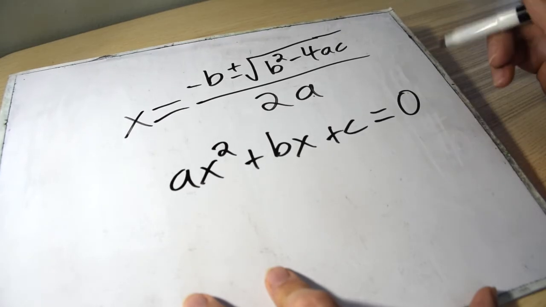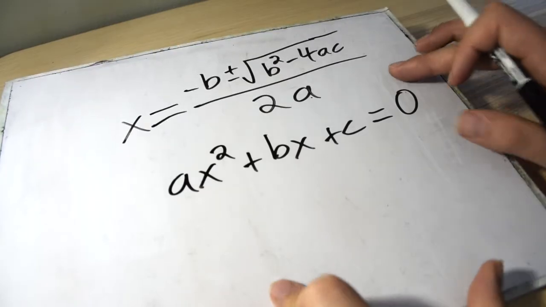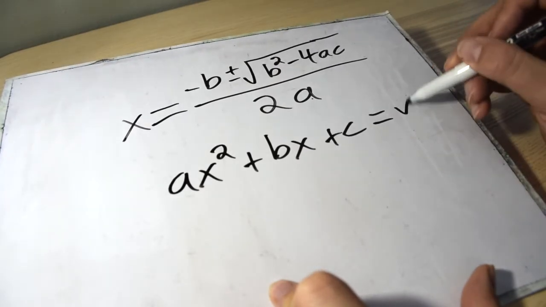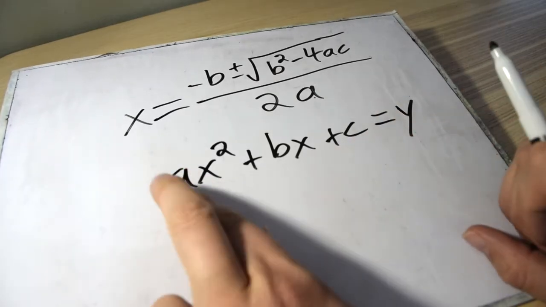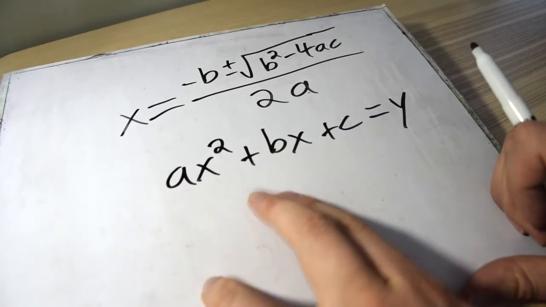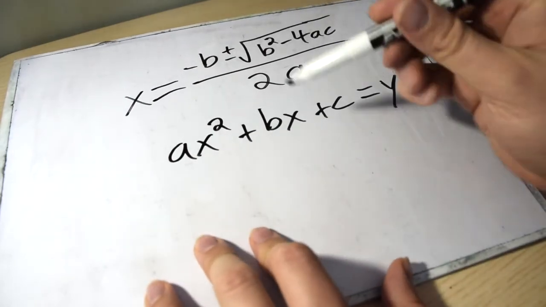And this has to be set to 0, actually there. Or it can be y. Let's just put it as y for now. Basically, if you have a number x squared plus a number x plus a number, you can put it in this form.